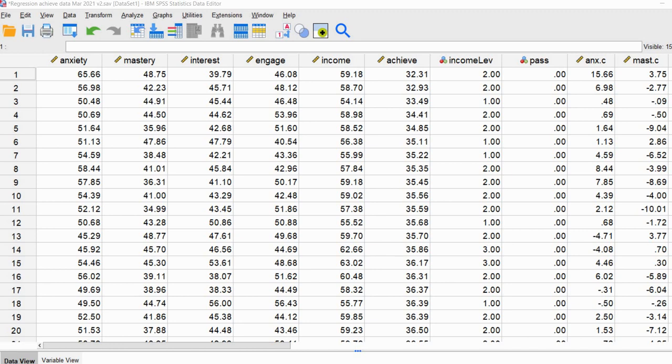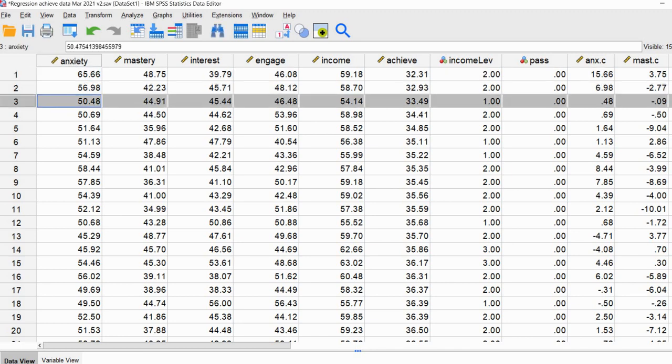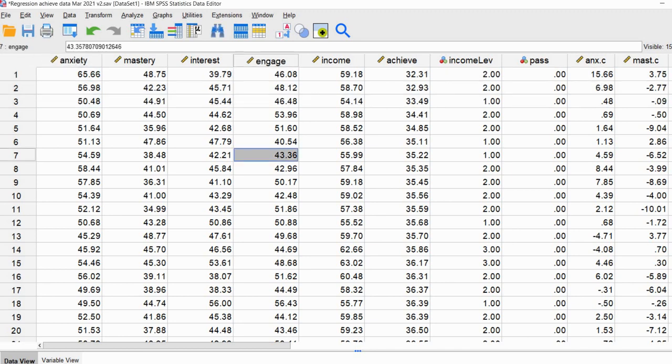So let's take a quick look at our data set before we begin running analyses. Basically this is simulated student data where each row represents a given student. What we're going to be doing is predicting the probability of a student passing a test as a function of a set of predictor variables.